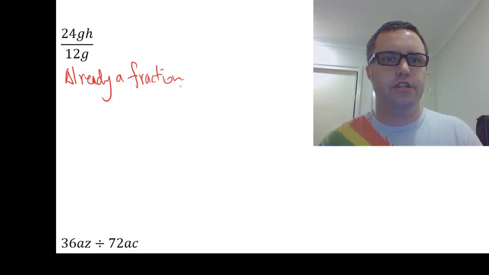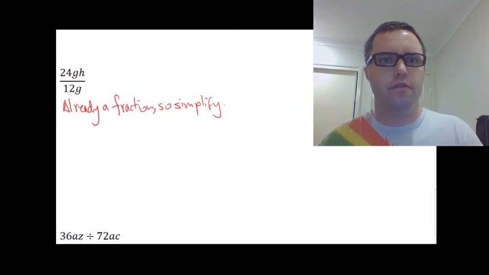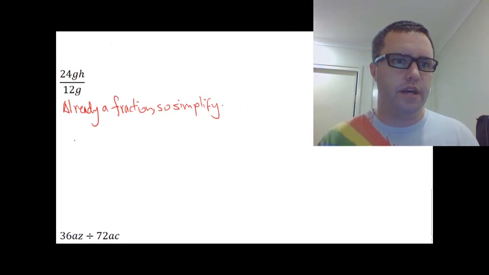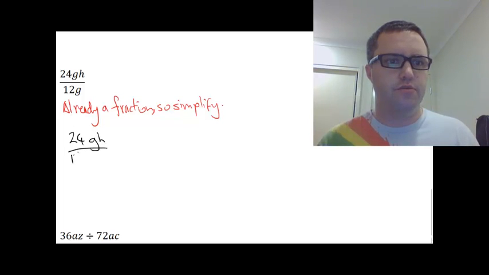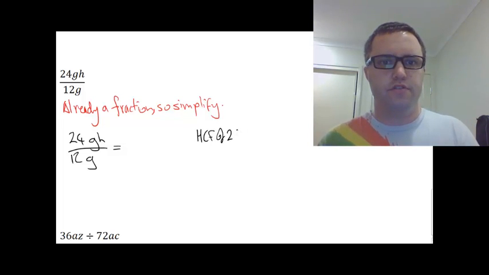Already a fraction, so simplify. Okay, so we have 24GH over 12G. Right, highest common factor, so HCF of 24 and 12.